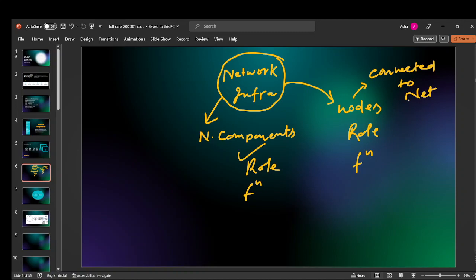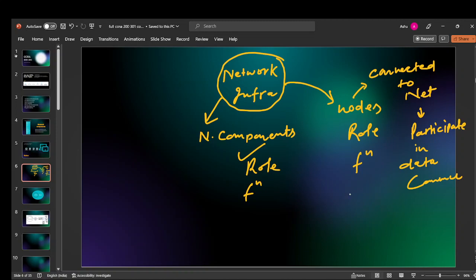These are the entities and important devices. These are individual devices that are connected to the network and participate in data communication. Clear?